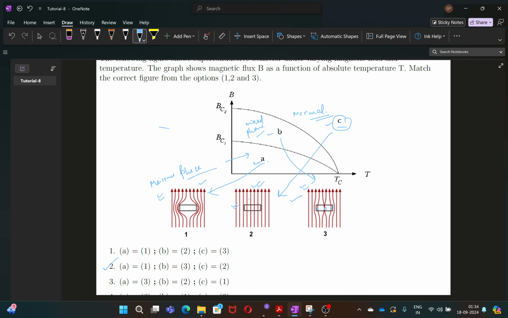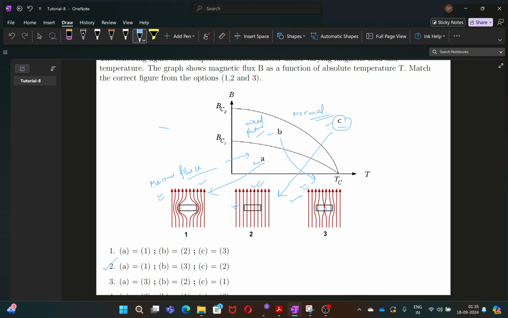And then between B_C1 and B_C2, it is neither a complete superconductor nor completely normal. So there are separate local regimes within which the flux lines can pass through. This is called the mixed phase, and in that case the diagram will be like number 3.